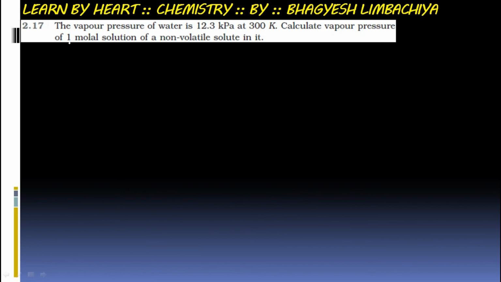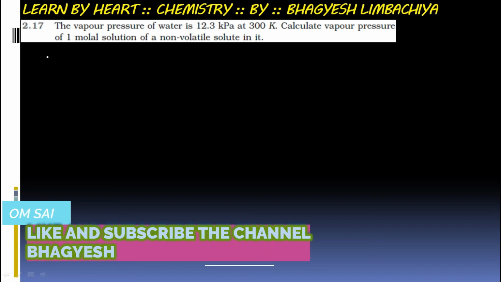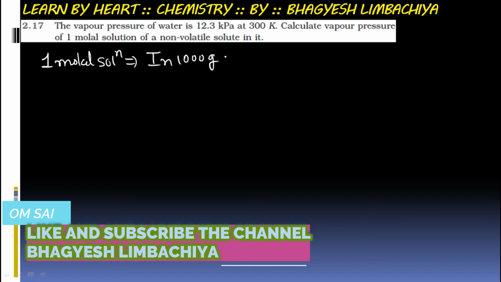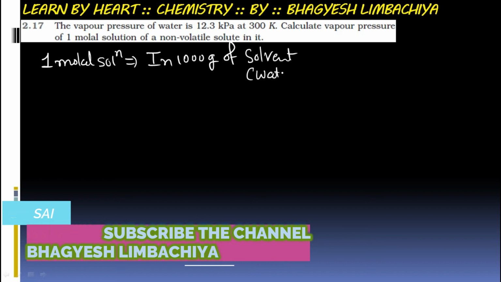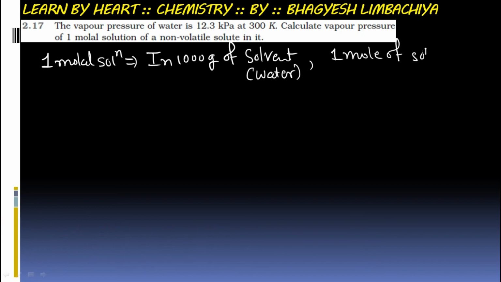Now in this question you are given the vapor pressure of water as 12.33 kilopascal and you are asked the vapor pressure of a 1 molar aqueous solution of a non-volatile solute in it. So first of all we have to write the meaning of a 1 molar solution. So 1 molar solution means in 1000 gram of solvent, and here the solvent is water, 1 mole of solute is present.